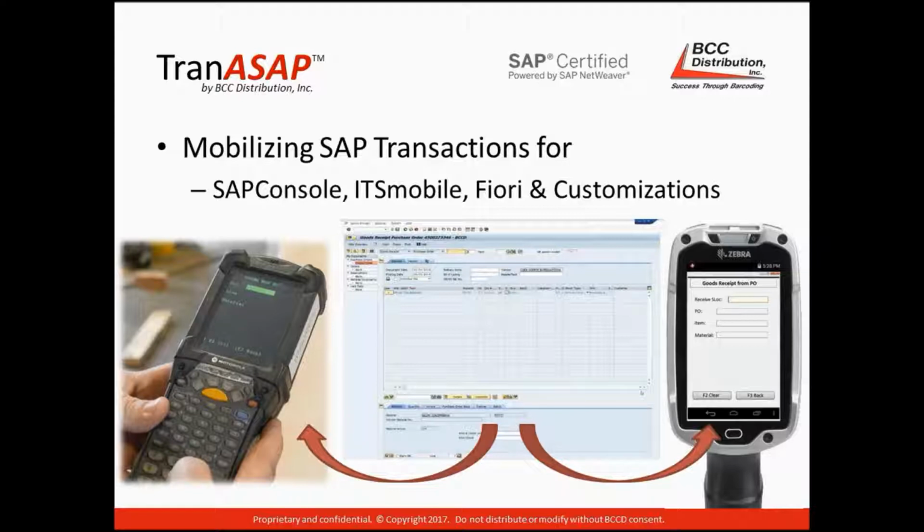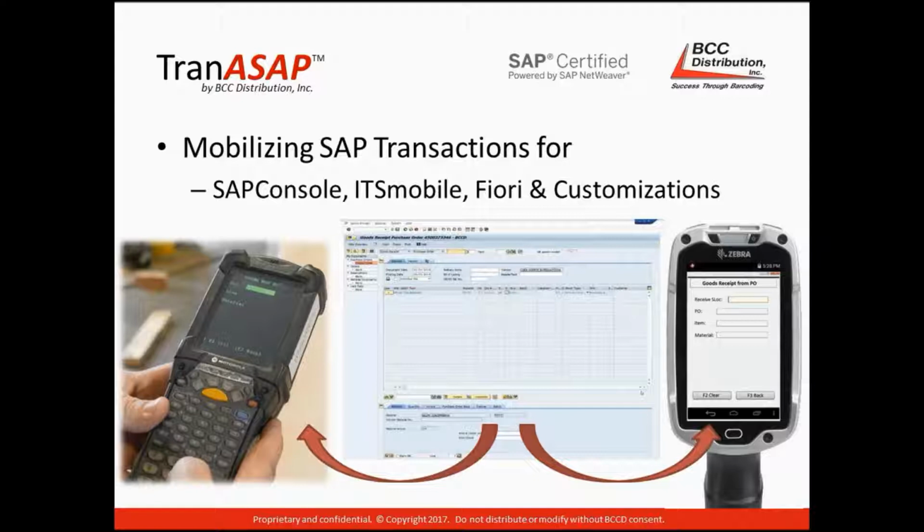Been in business for about 23 years, and we've got about 50 plus years of experience with SAP, as well as we are certified with both SAP and Zebra Technologies, and we are partners with both. We are ourselves a SAP user, and our software and services are certified with SAP.